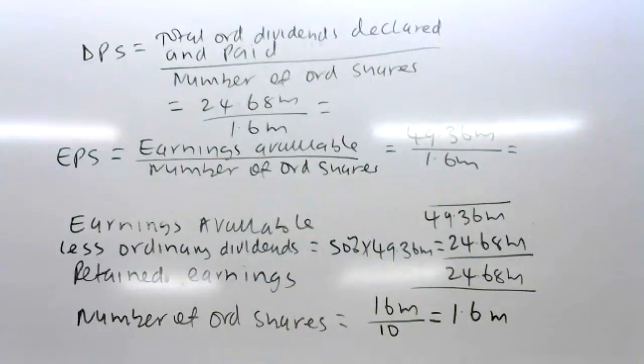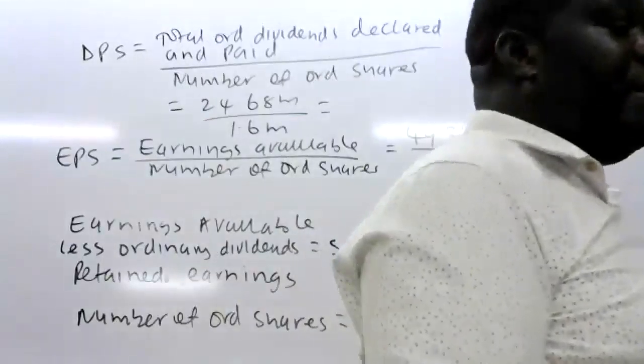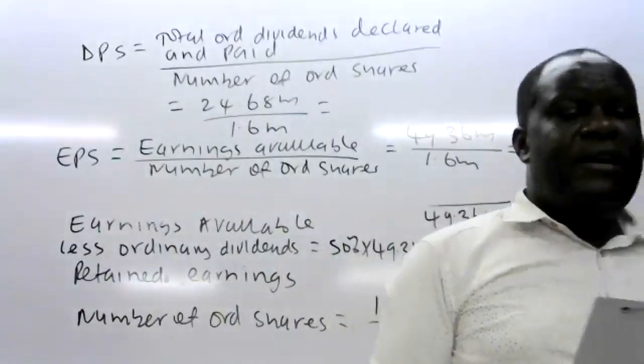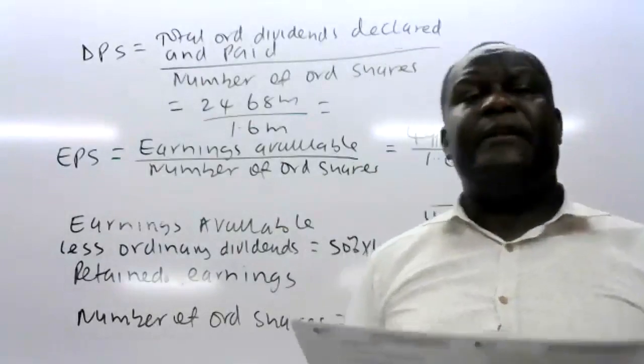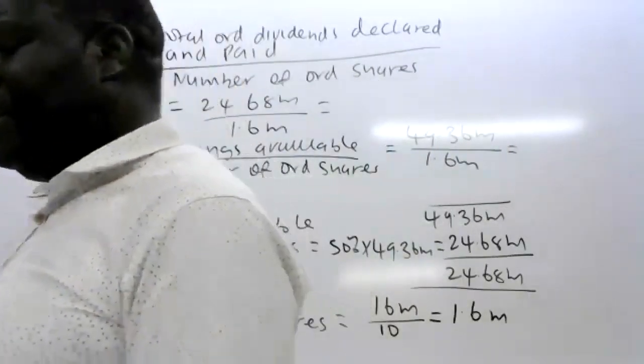It is given by the dividend per share divided by the market price per share, then we show it as a percentage.